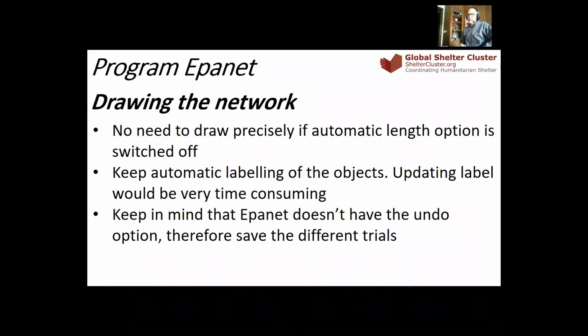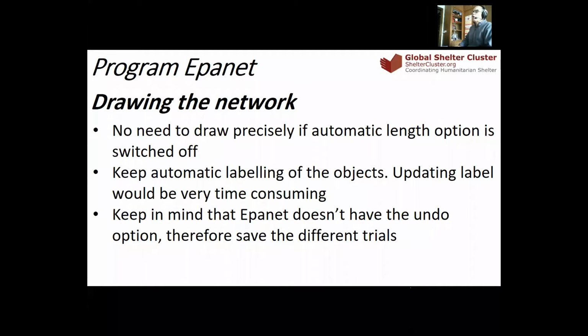But if you have GIS, and like we have seen previously, with Global Mapper, for example, it's easier to get the elevation of those items and to get the length of those items. In Epanet itself, there is no need to draw precisely if you switch off the automatic length, because for each pipe and each element you give the parameter manually.